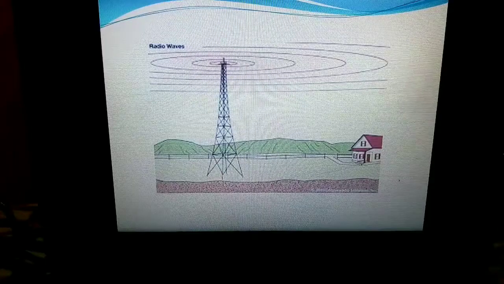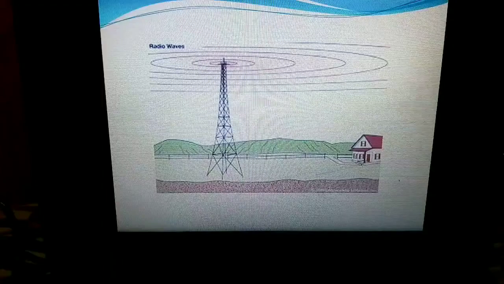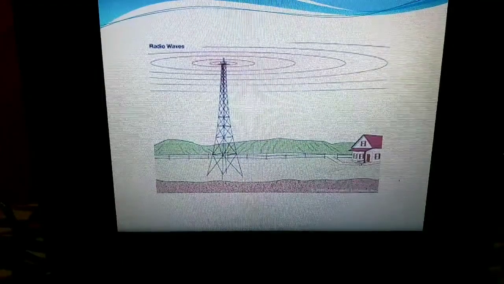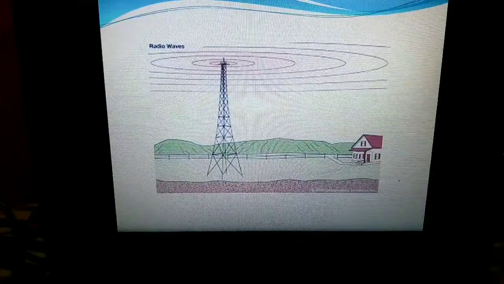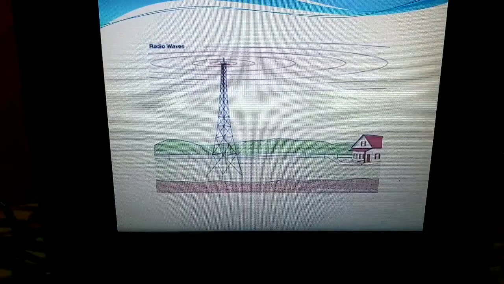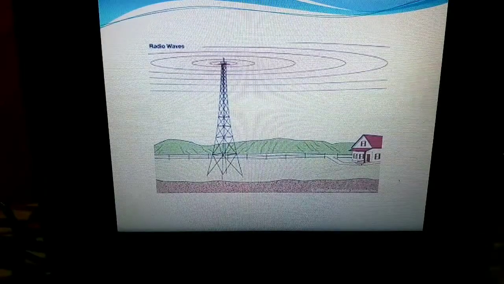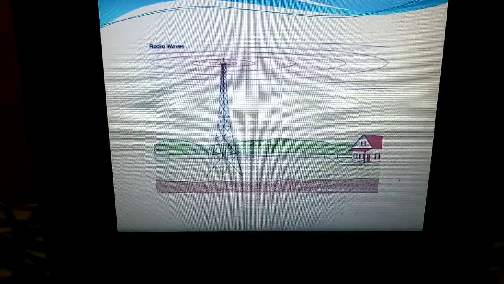Now let us see the disadvantages of radio waves: its communication is insecure. Why is it insecure? Because if you design any electronic circuit capable of capturing frequencies higher than 3 kilohertz, and attach a speaker to it, you can hear the radio signals.